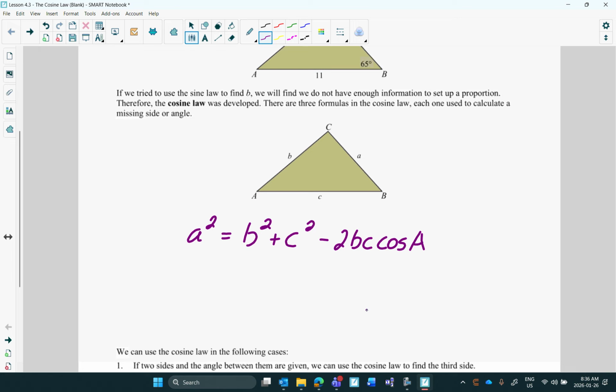Looks complicated, but you'll be able to figure it out. And of course, you get the formula anyway. That's the cosine law, so that would be to find a squared.